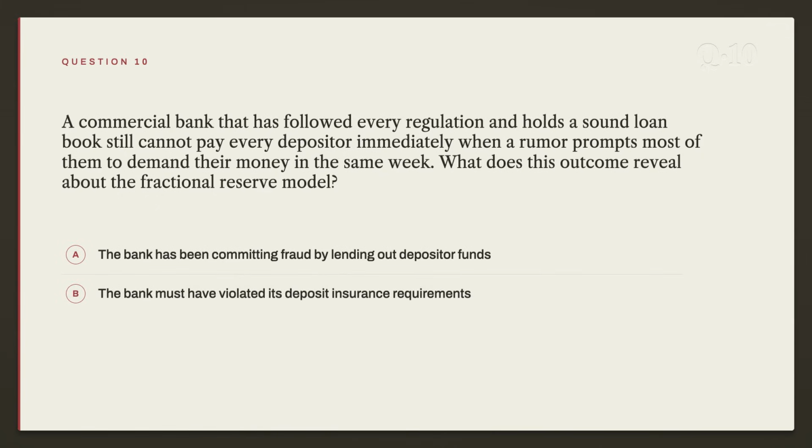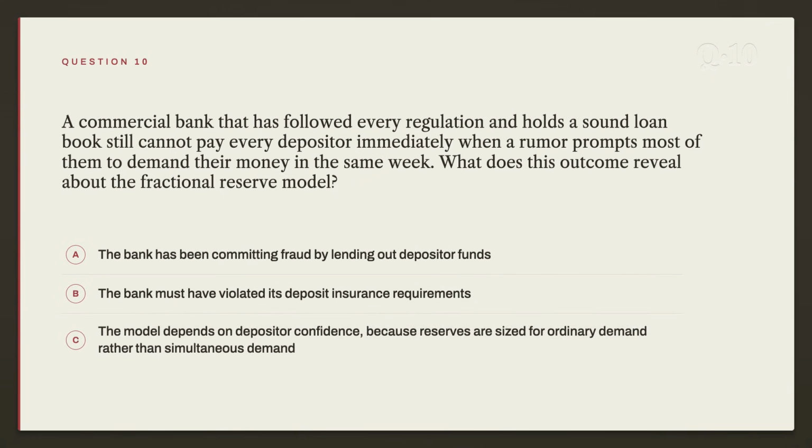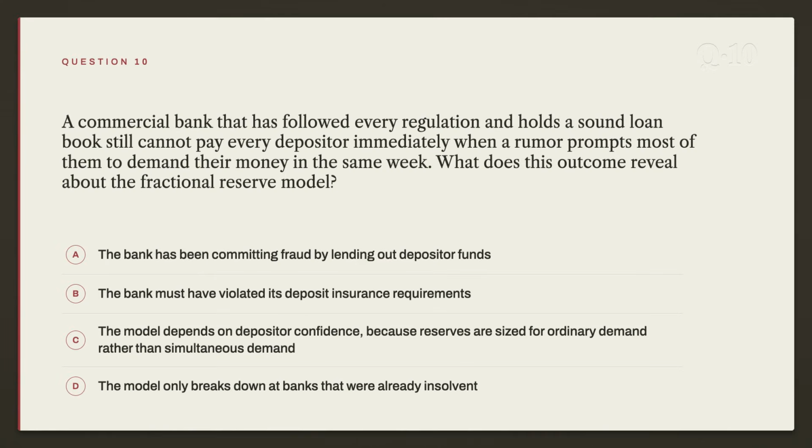B. The bank must have violated its deposit insurance requirements. C. The model depends on depositor confidence because reserves are sized for ordinary demand rather than simultaneous demand. D. The model only breaks down at banks that were already insolvent. Take a second. Which answer would you pick?